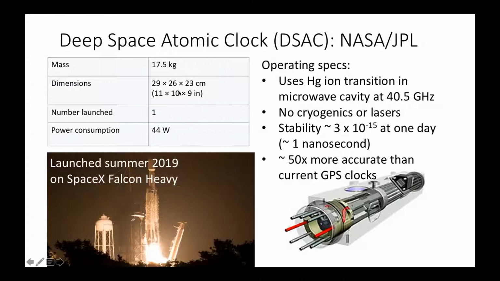It's not tiny, so it weighs almost 20 kilograms, and it uses about 40 watts. So if we want to make this in a 1 gram spacecraft, then we've got a long way to go.